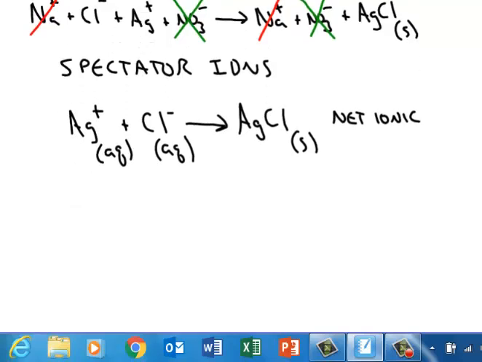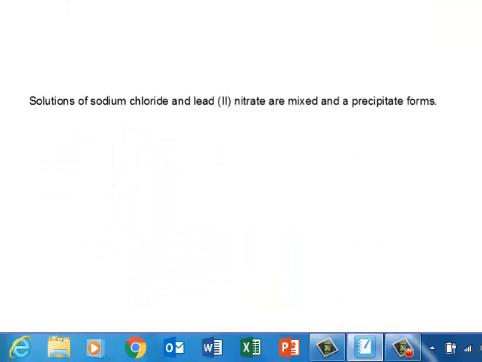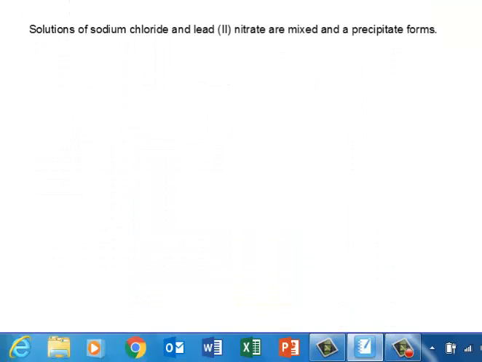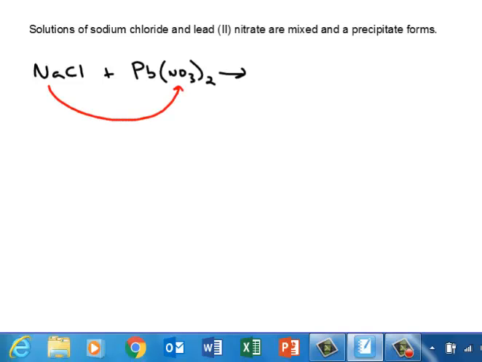One more real quick one, and this one I've changed one little thing. We have to watch out for oxidation states, because if I have sodium chloride, NaCl, now I have lead(II) nitrate, which is going to be PbNO3. Okay? I'm going to take my positive ion from the left, bond it to the negative ion in the species on the right. That would give me NaNO3.